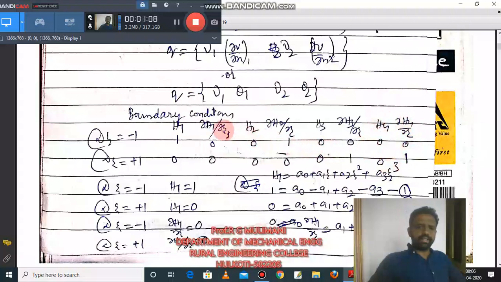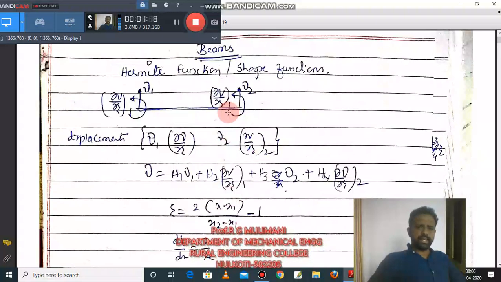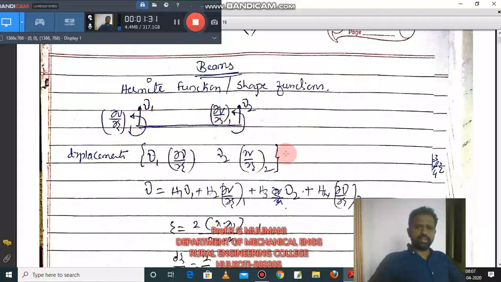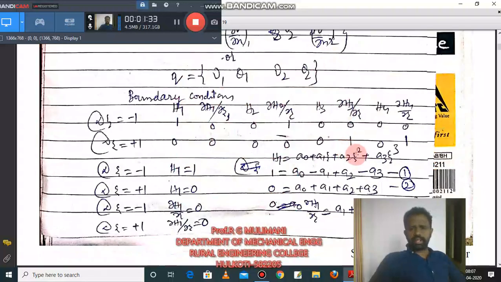Let us derive the Hermite shape functions, that is h1, h2, h3 and h4. Let us assume a displacement function. As there are four nodal displacements, 4 degrees of freedom, nodal vertical displacement as well as slope in both nodes, we consider 4 constants here.